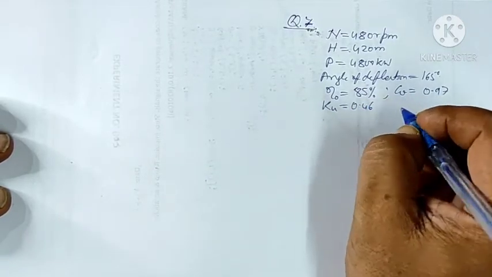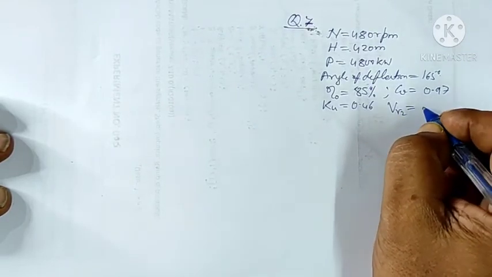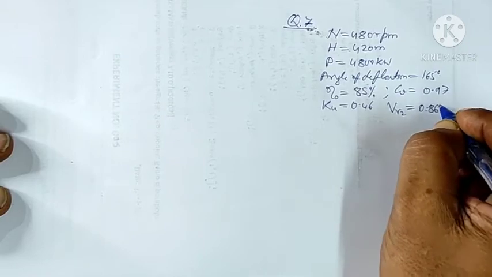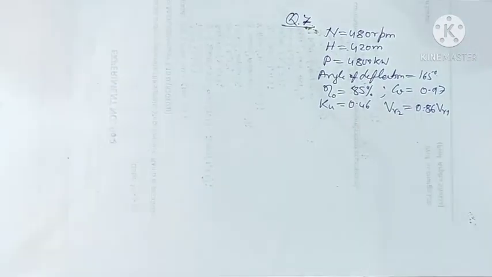The relative velocity at the exit is equal to 0.86 times the relative velocity at inlet, and we have to find out the cross-sectional area of each jet, the number of jets, then second, the bucket pitch circle diameter, and third, the hydraulic efficiency of the turbine.